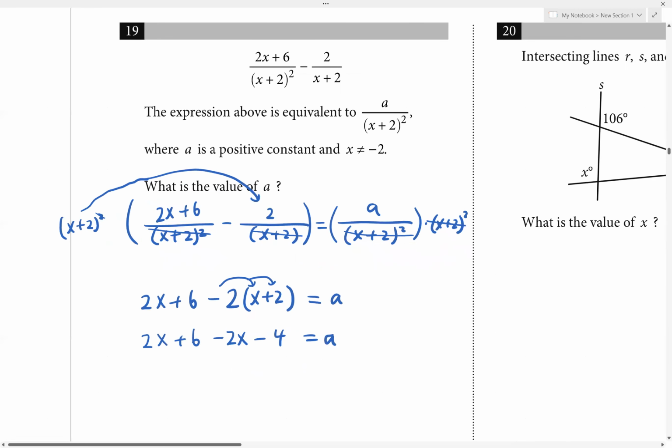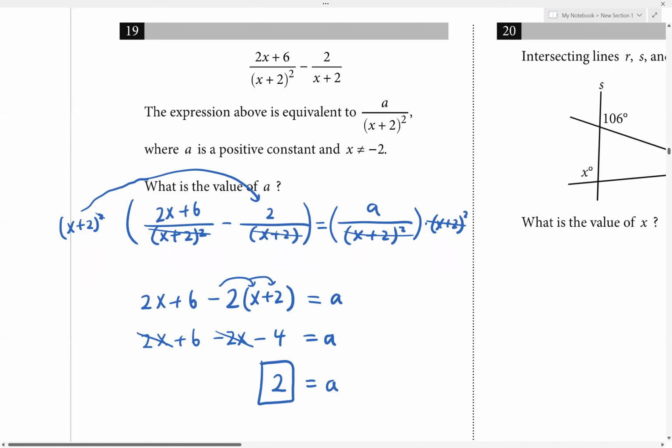For this question, it just happens that the 2x and the -2x cancel out. If they didn't cancel, we couldn't solve for a, so they do have to cancel, which is nice. And we get 6 minus 4, which is just 2. So 2 equals a, and there we go. That will be our answer.